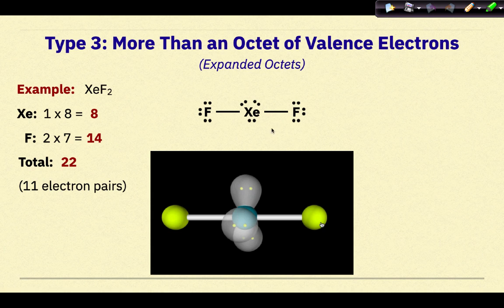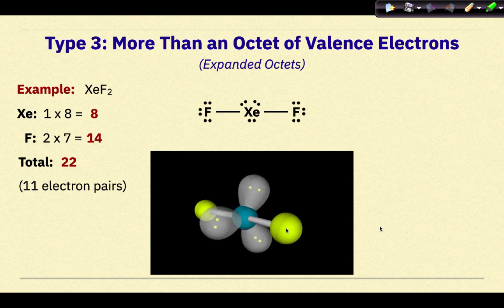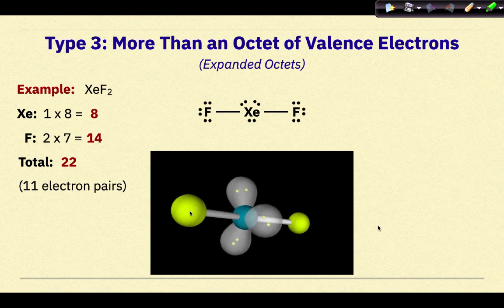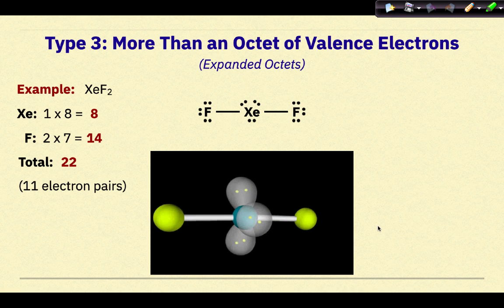1, 2, 3. Now you might be saying to yourself, but what the heck does that look like? And luckily for you, I have a little PhET animation to show you that will show you how these lone pairs are arranged around the Xe. So you can see that the yellow spheres are representing the fluorine, and then each of the lone pairs coming out of the Xe are coming out at these angles as far away from each other as possible.